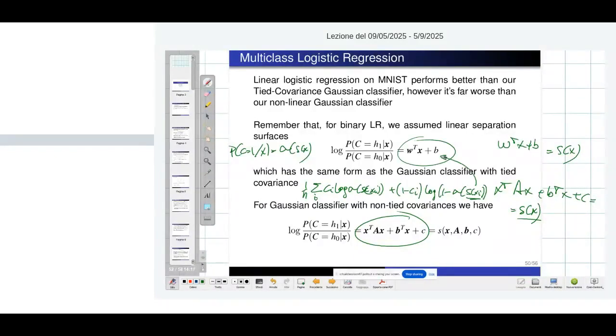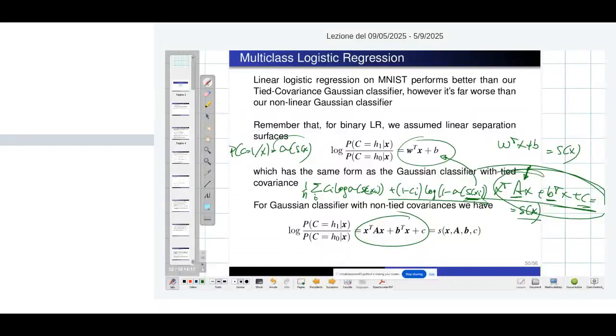Before, S was linear, now it has this expression, but nothing has changed except that when we optimize the model, we'll now optimize it with respect to A, B, and C. So we will write our optimizer so that when it computes S, given the model parameters, it will use this expression. This will give us a quadratic separation rule that maximizes the likelihood of our training data.